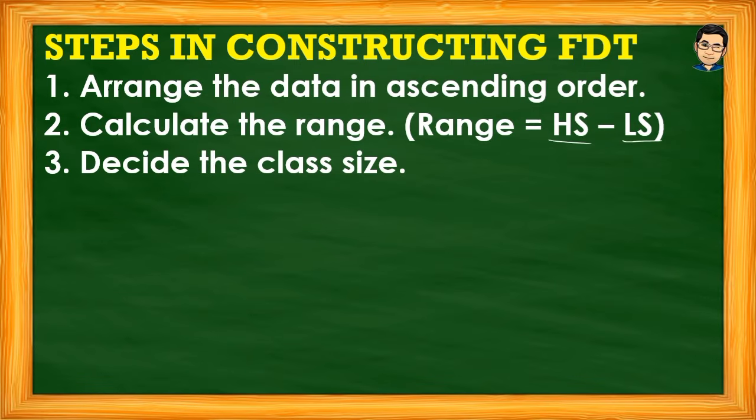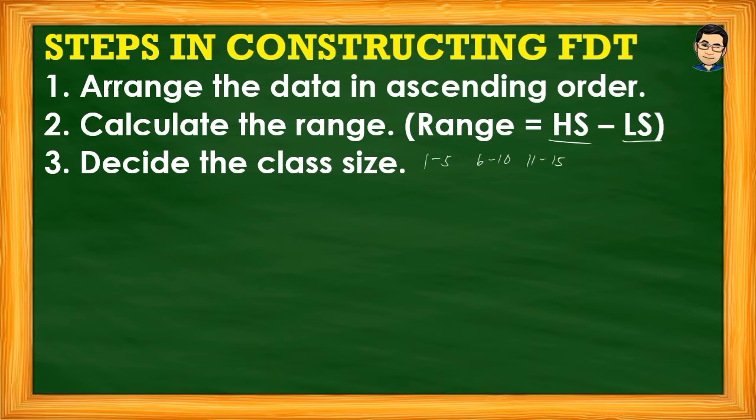Next, decide the class size. So, dito, approximate number of classes lang kasi. So, halimbawa, yung approximate number of class, yung 1 to 5, 6 to 10, yung mga ganyan, 11 to 15. Okay, nagkakaroon tayo ng approximation dyan. It's because, kailangan kasi natin i-compute yun. Okay, so kaya approximation lang talaga.